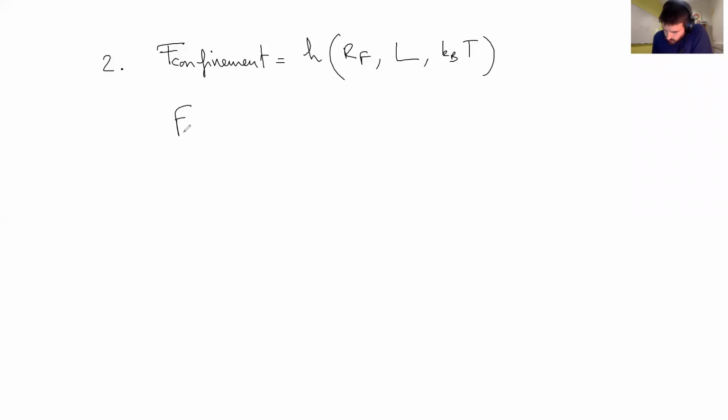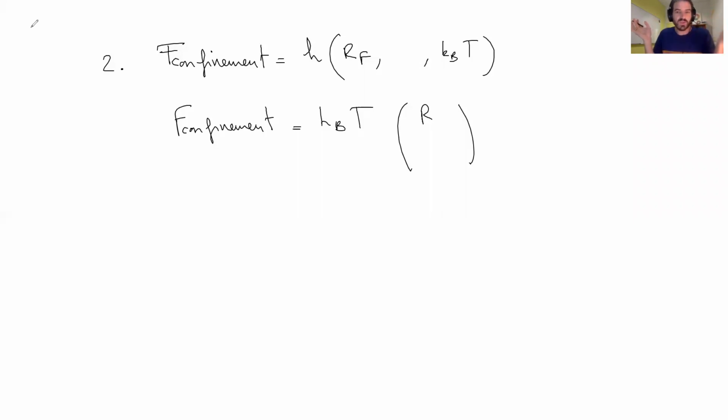So F confinement is something like kBT times another function of, sorry, why L? I should not even talk about L, it's D in fact. For my problem here, I have a certain polymer chain, I have a tube of a certain size, okay, and I have kBT, and that's what sets my confinement energy.